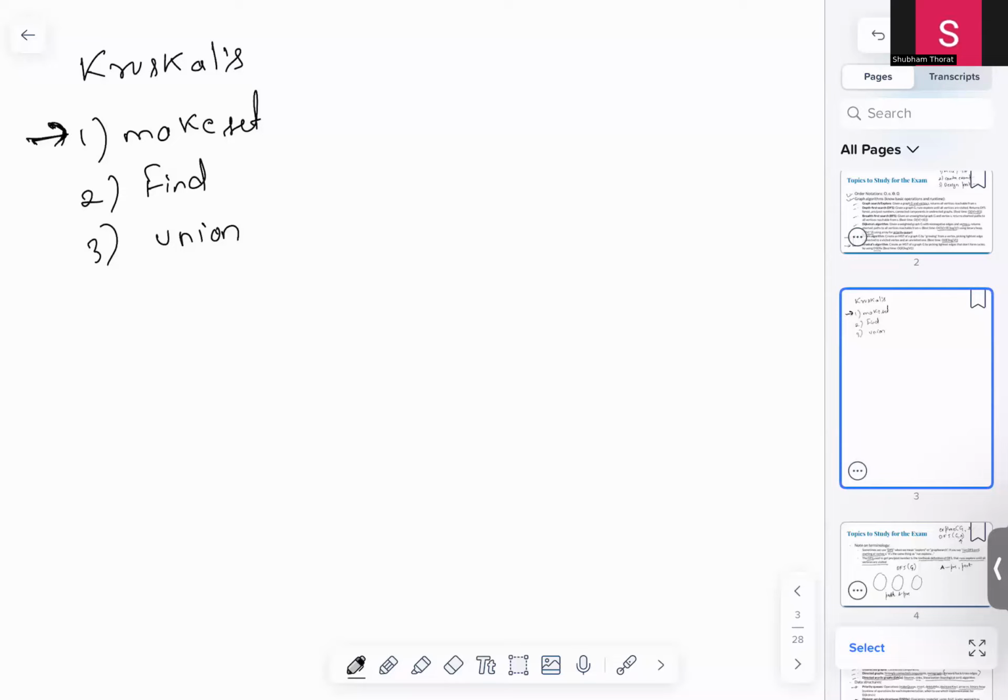In find, you are trying to find the parent of a vertex. So let's say there's a graph something like this, and this is U. You're trying to find this root here. This root is always the parent, so it has a self-loop kind of thing. It only takes 1 parameter.